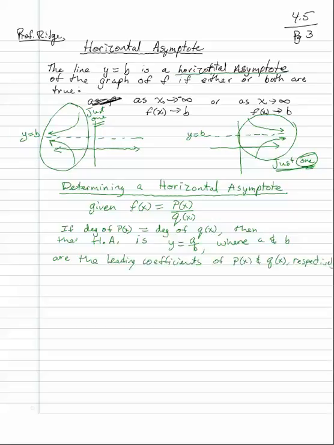So take the leading coefficient at the top over the leading coefficient of the bottom, reduce that if you can, and then y equals that number. That's your horizontal asymptote. Again, that's if the degrees are equal.